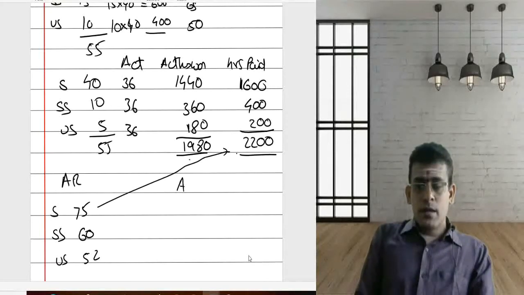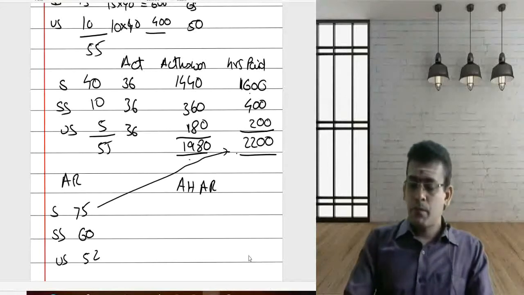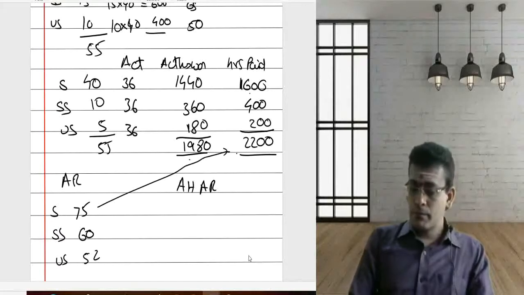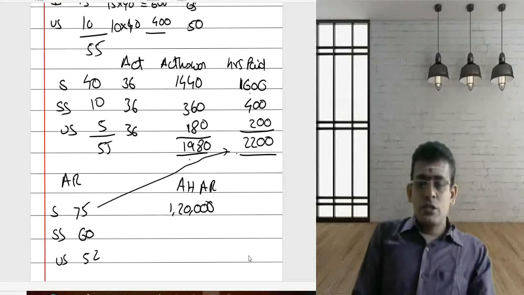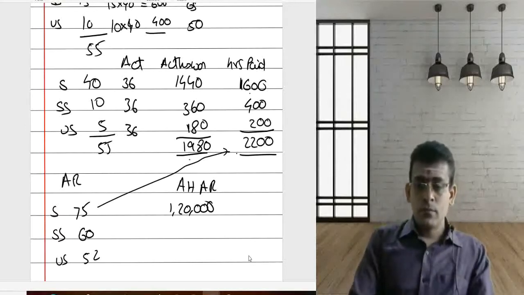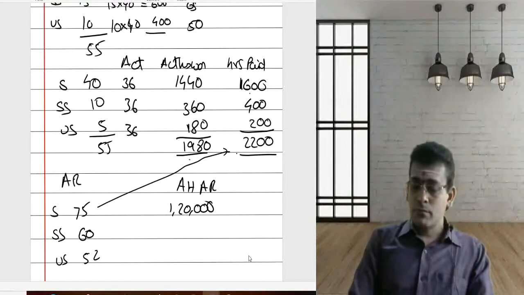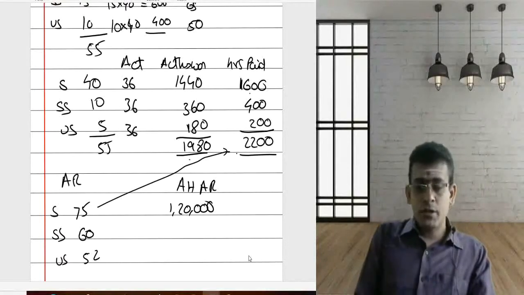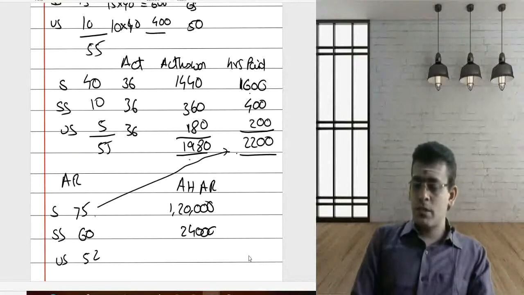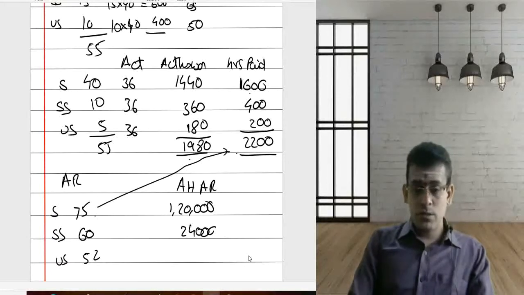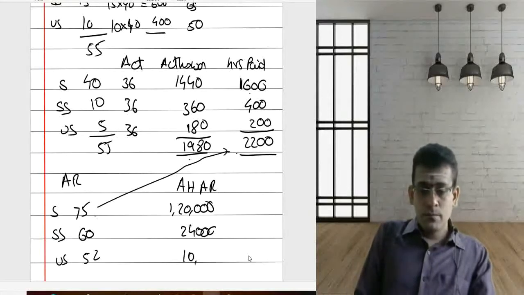So here, AH into AR is nothing but 1600 into 75, which gives you 1,20,000. 60 into 400 gives you 24,000. 52 into 200 gives you 10,400.